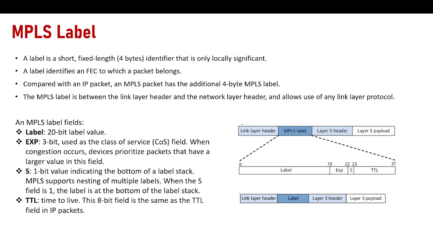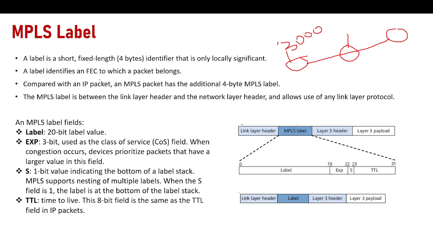Meaning that if you have 3 or 4 routers connected, and one router has assigned a label, maybe 300, the same label 300 can be used on another router because the labels are locally significant. But when you start talking about segment routing, as I've mentioned, there are some globally significant labels. With normal MPLS, the labels are only locally significant, and it's 4 bytes long.